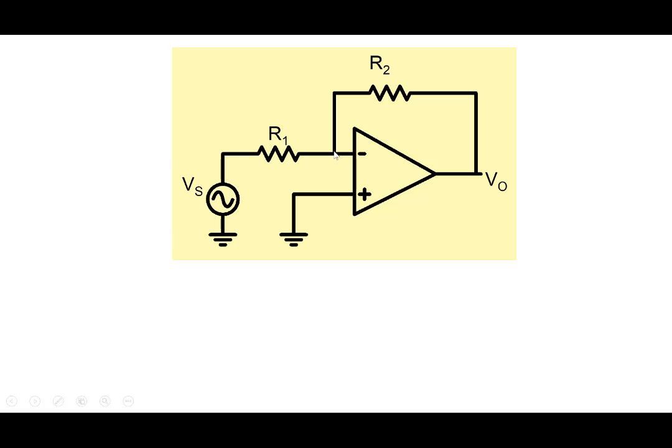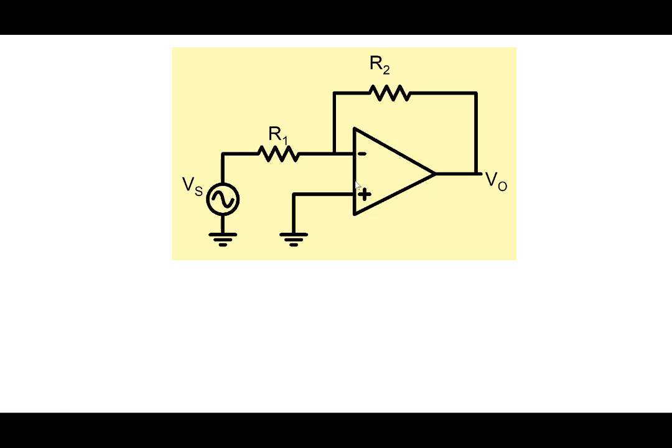It is a short in the sense that this voltage is the same as this voltage, ground. And it's an open because there is no current going in here, because the voltage across these two terminals is very small and the resistance is very, very high. So the current is 0, like an open circuit.